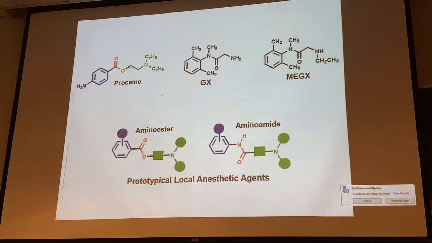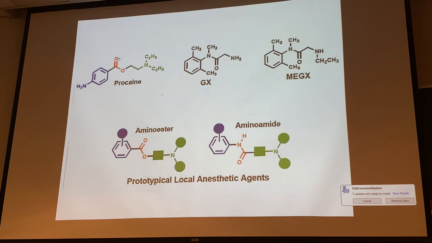But you can kind of see here, there are other generations of painkillers based on the same series here. These are amides, and these are longer acting ones. So the dentist or the physician in the clinic will prescribe a longer acting one if an operation will take longer, or if it's a short thing, just to fill a cavity or whatever, use lidocaine or procaine.